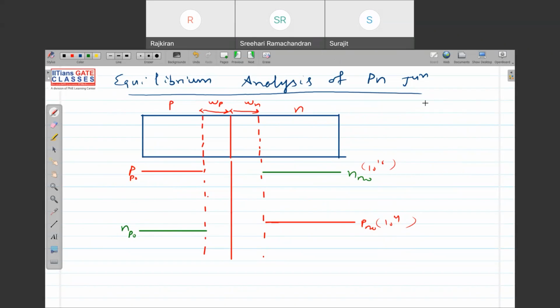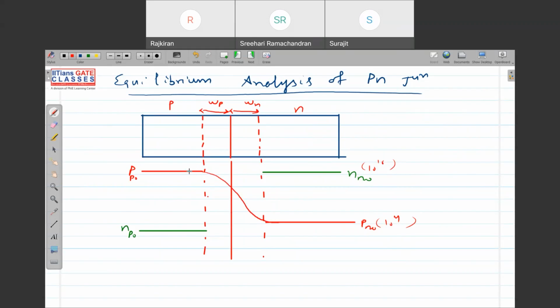Now you see, because the holes are diffused from N side to P side, creating a diffusion region, the concentration cannot decrease abruptly. So it will decrease gradually.